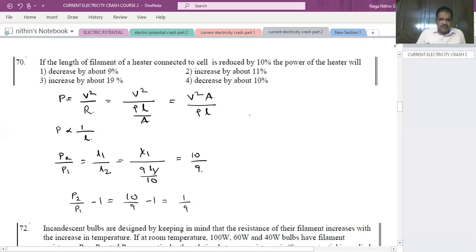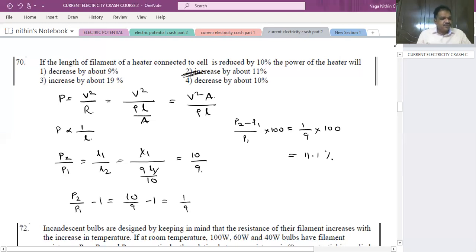This will be 1 by 9. P2 minus P1 by P1 into 100, 1 by 9 into 100. This is 11.1% increase. Increases about 11% will be the answer for it. So this is the answer for it.